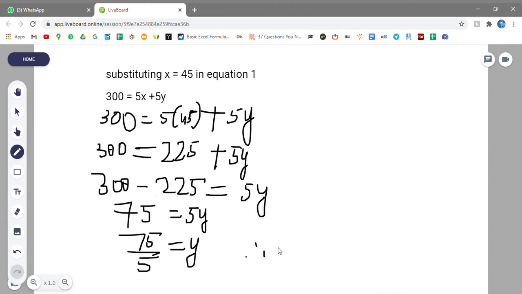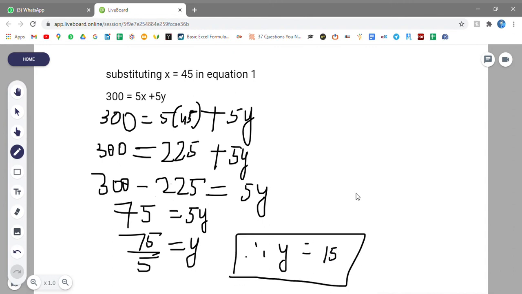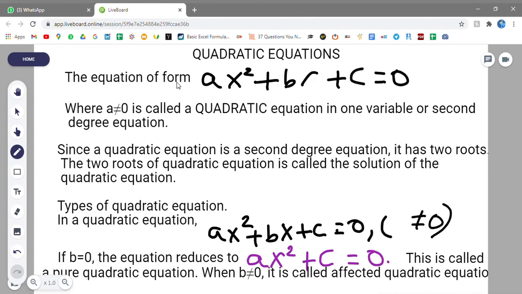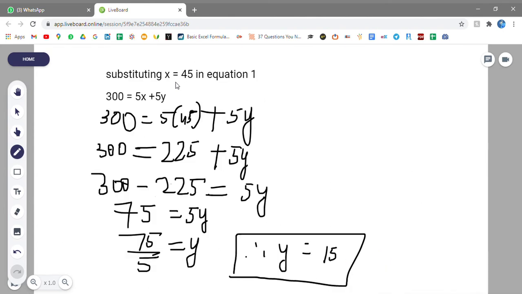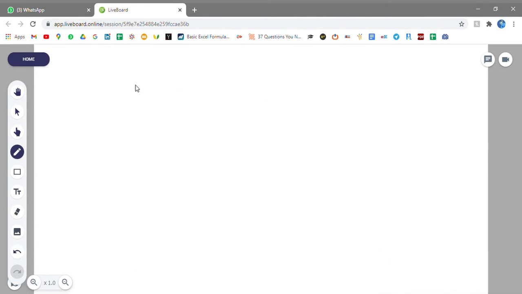Therefore, y is equal to 15. So the speed of the water is 15 kilometers per hour and the speed of the boat that we found is 45 kilometers per hour. That's what we got. Now let us write the conclusion.